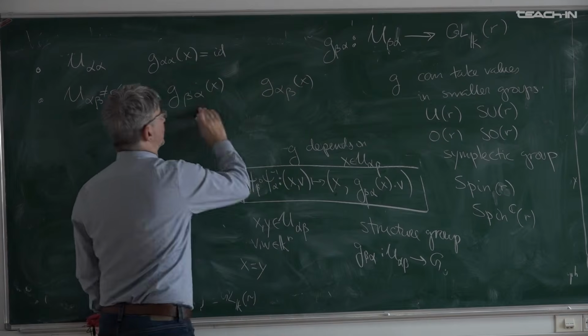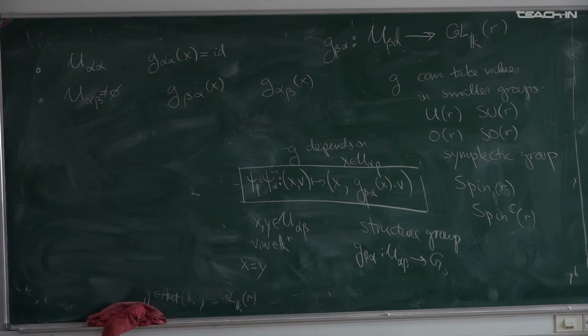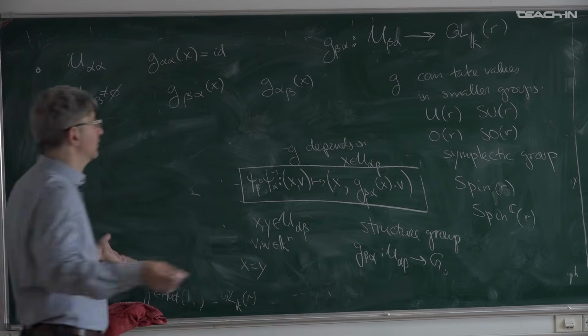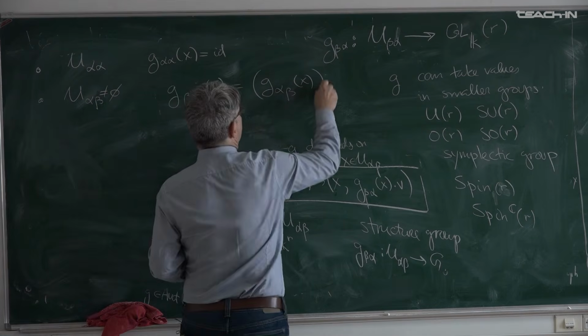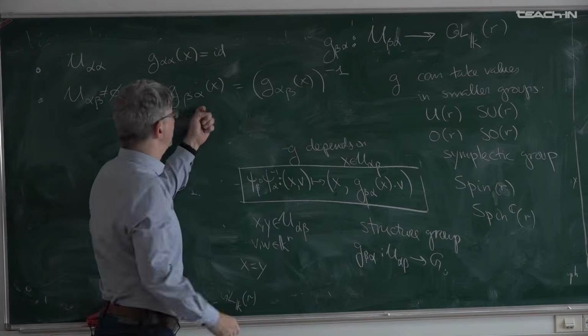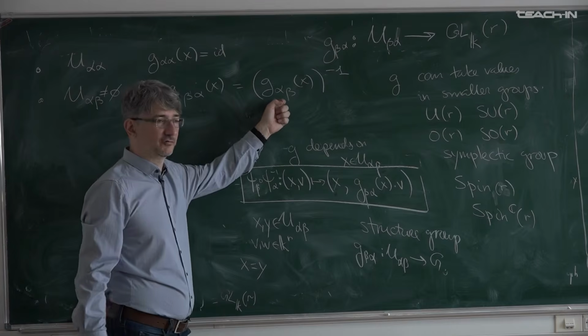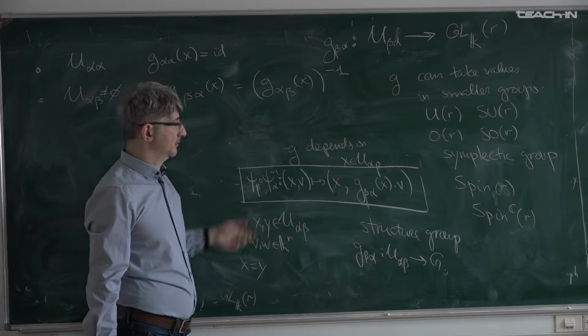What do you think about the relation between these two things? It should be inverse, because you go from left to right, and then you go from right to left, and both of them are linear isomorphisms. We know that this is an invertible matrix, and this is also an invertible matrix.